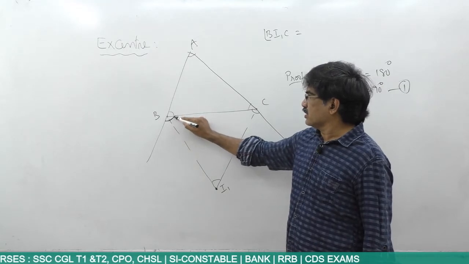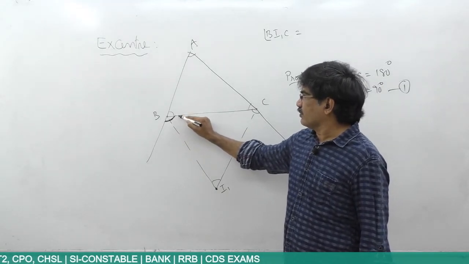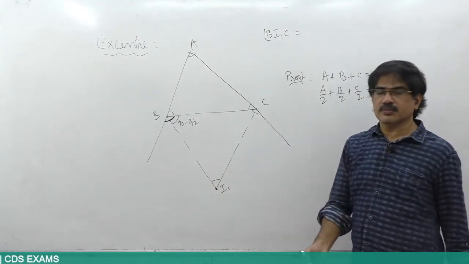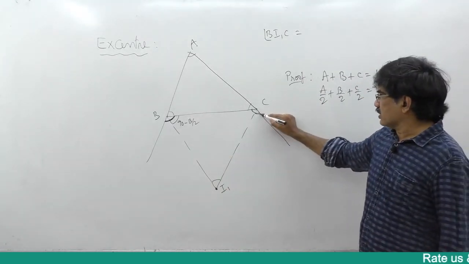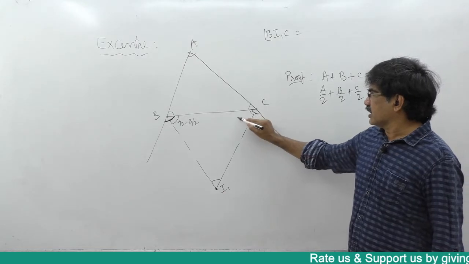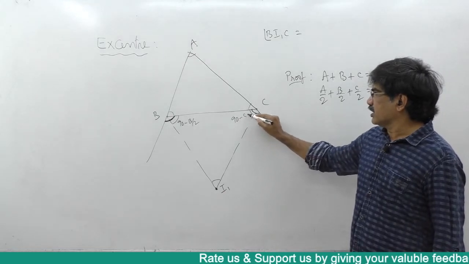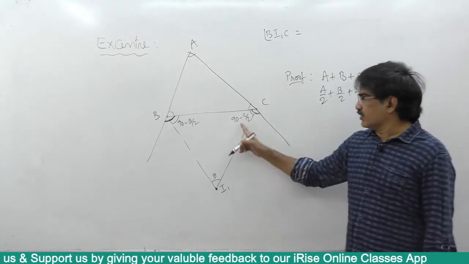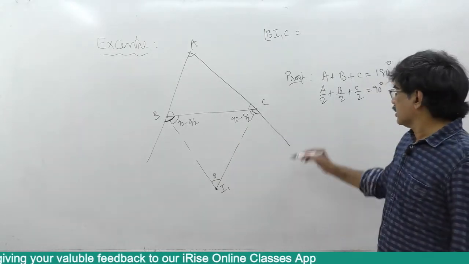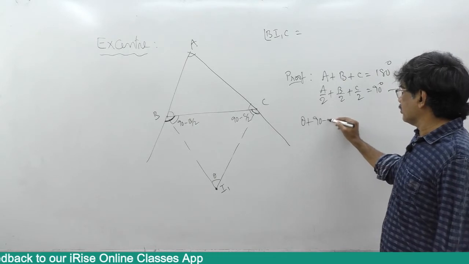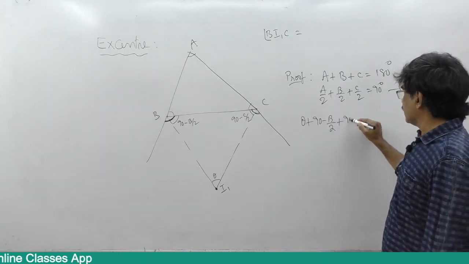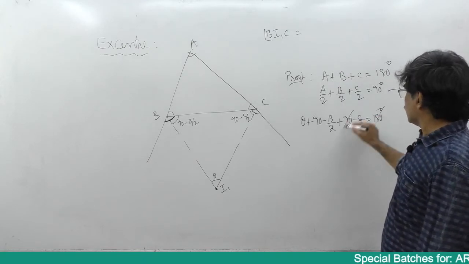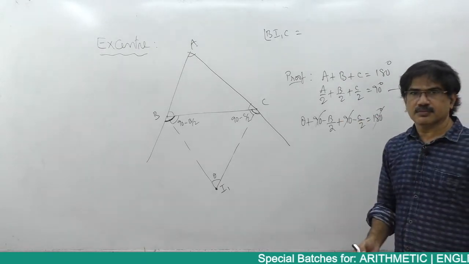Then what is this angle? This total angle is 180 minus B. Half of this angle is 90 minus B by 2. This total angle is 180 minus C. Half of this angle is 90 minus C by 2. Let this be theta. The sum of these three angles is also 180 degrees. That is theta plus 90 minus B by 2 plus 90 minus C by 2 is equal to 180 degrees. 180, 90, 90 cancel.